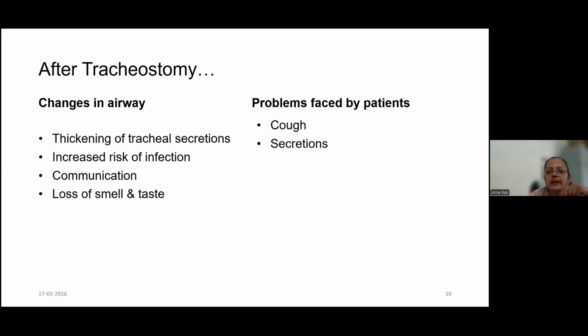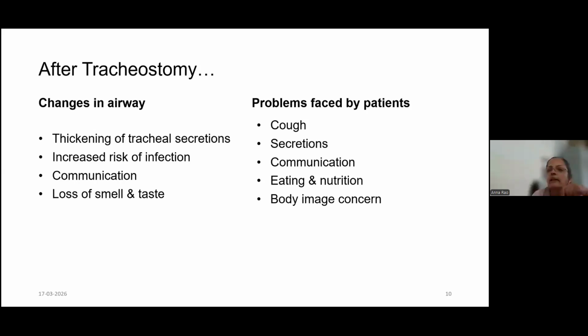So we should apprehend the problems we are going to have in the patient and make the care plan accordingly. Times in palliative care, we hardly make a care plan. But if we know that the patient is undergoing the procedure of tracheostomy, if we know certain things in advance, then we can plan better.